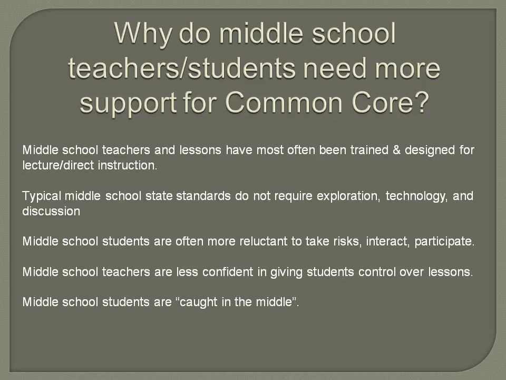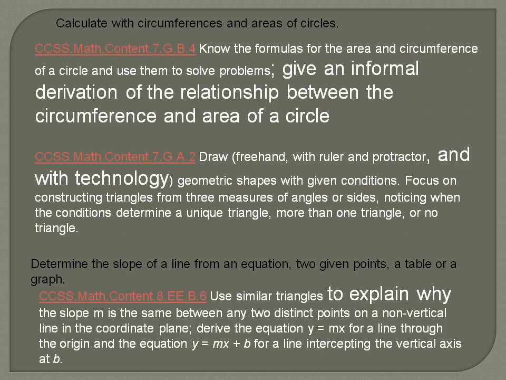So when we're thinking about the standards, in black on the screen, if you can see the screen, there's a comparison of state and Common Core standards for middle school. It's just various states that I found here. One state standard that I found was: calculate with circumference and areas of circles. That is a typical state standard, very basic, lower level, where students are just required to do something.